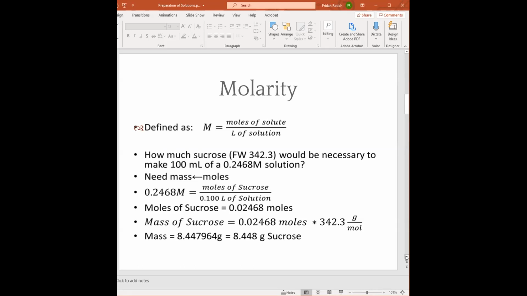And to do this, for example, we have been given sucrose and we need to make 100 milliliters solution that is 0.2468 molar concentrated. And so to do this, I'm going to use the whiteboard to do the calculation.